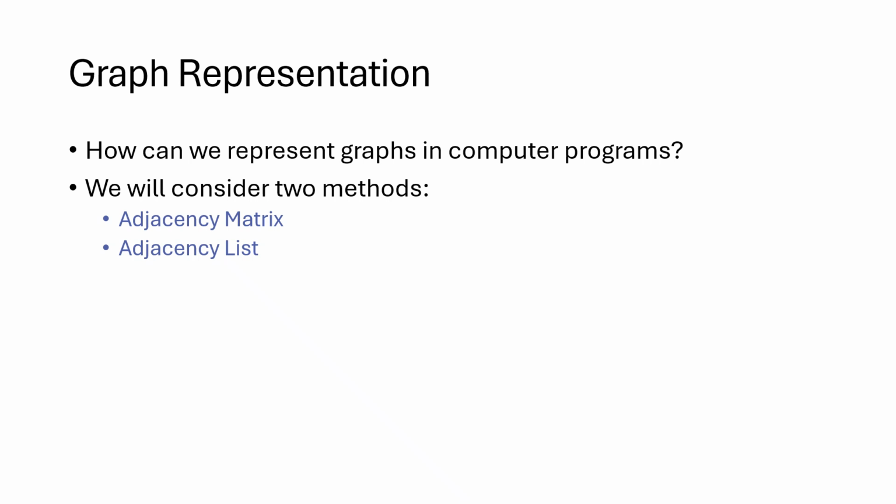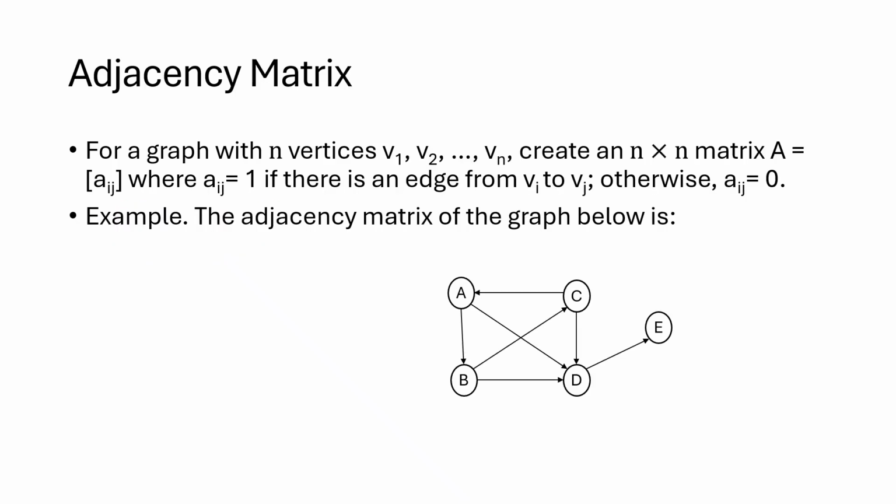In this video, we will talk about two methods which are the main methods for representing graphs, namely using adjacency matrices and adjacency lists. Let's start with adjacency matrices. Let's assume that our graph has n vertices, which are labeled as v1, v2, up to vn.